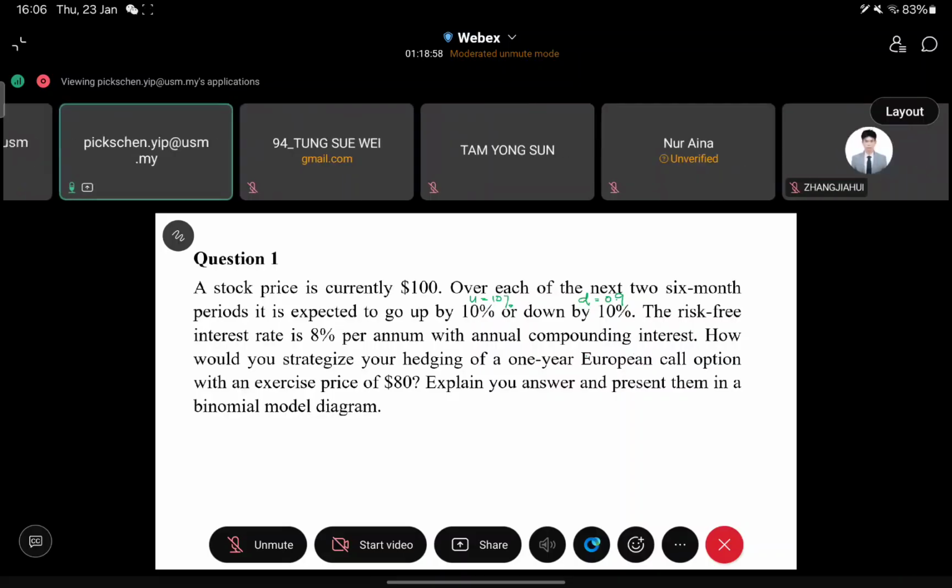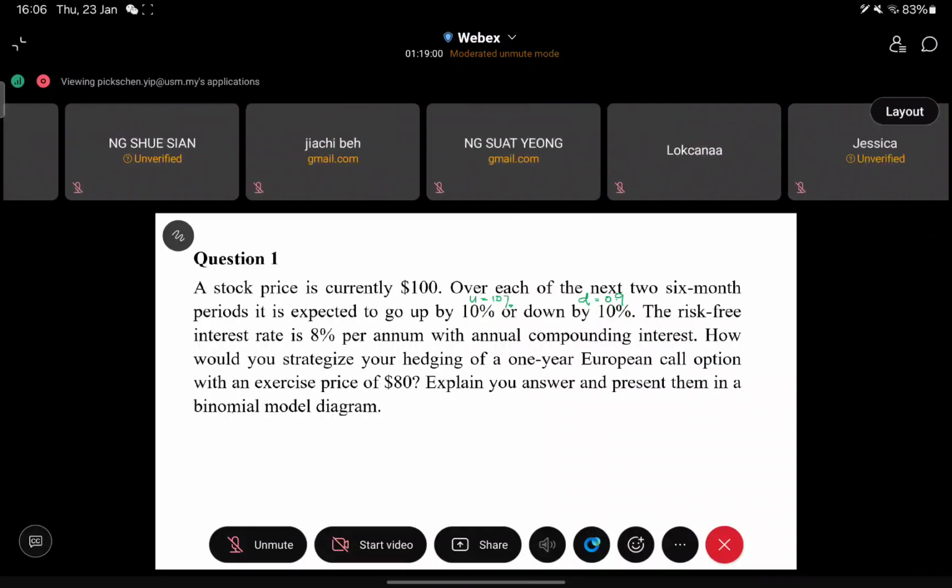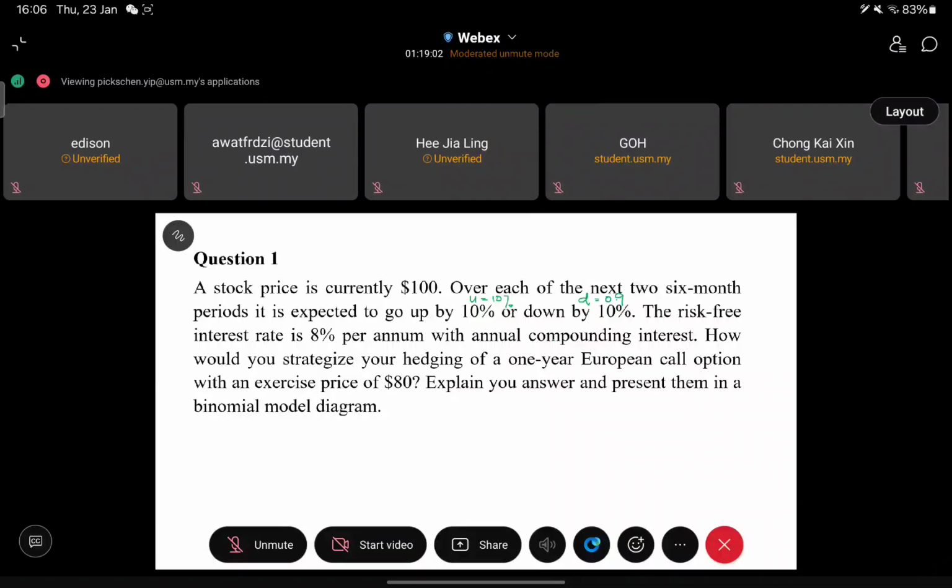From here, we know that we should use a binomial model, because if it mentioned continuous compounding interest, it would mean we should use the Black-Scholes model. And we know the exercise price is $80.